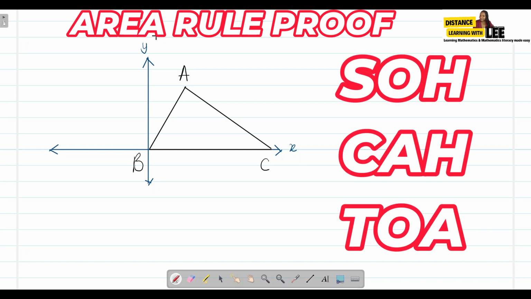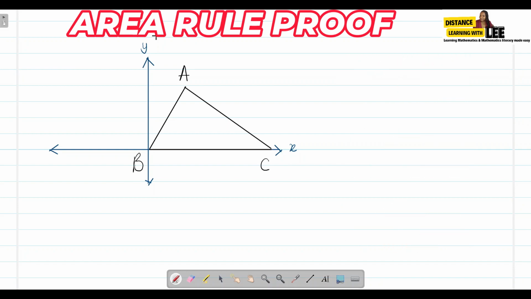If you are dealing with a right angle triangle, it's very easy to use the theorem of Pythagoras to calculate the length of an unknown side. We can also use trig ratios, your SOHCAHTOA, to find an unknown size of an angle or an unknown length of a side.